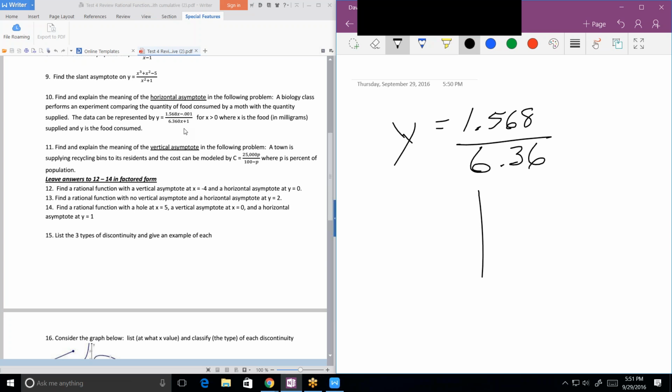And what does that mean? That horizontal asymptote is a line kind of like that. What's the real world meaning of the horizontal asymptote? Where it plateaus. It's what happens as x goes to infinity. It's what the function is going to approach. So the function I will draw in red, and I'm just going to guess.